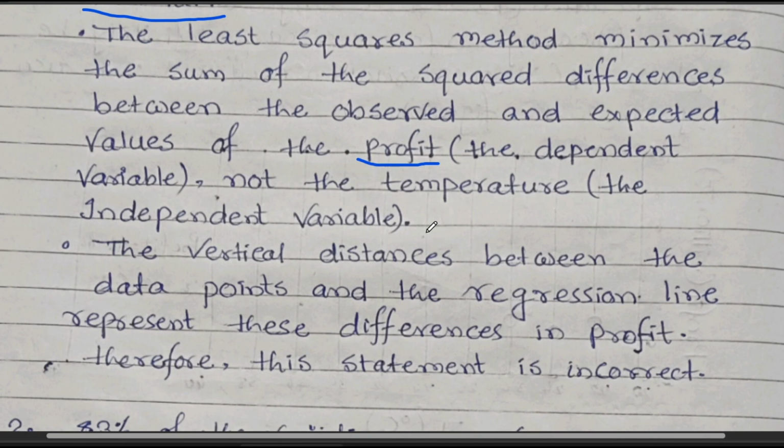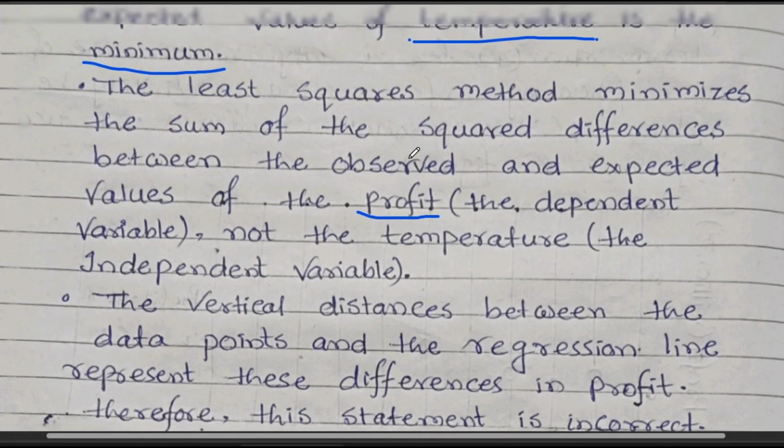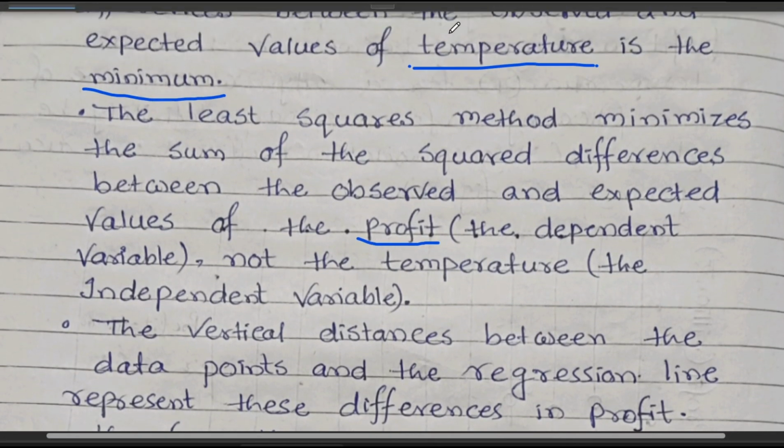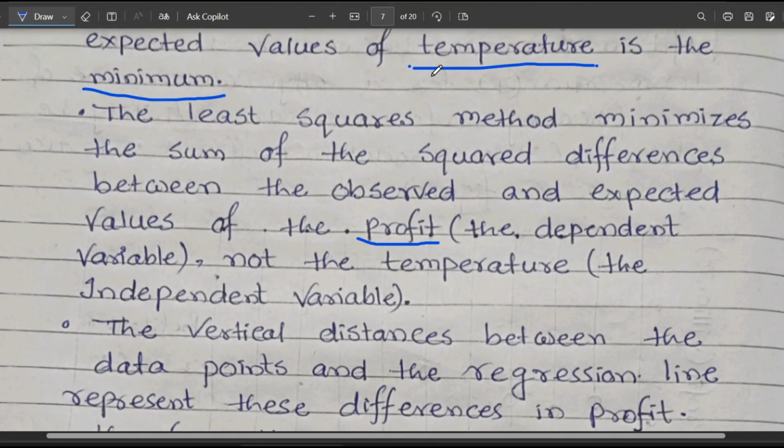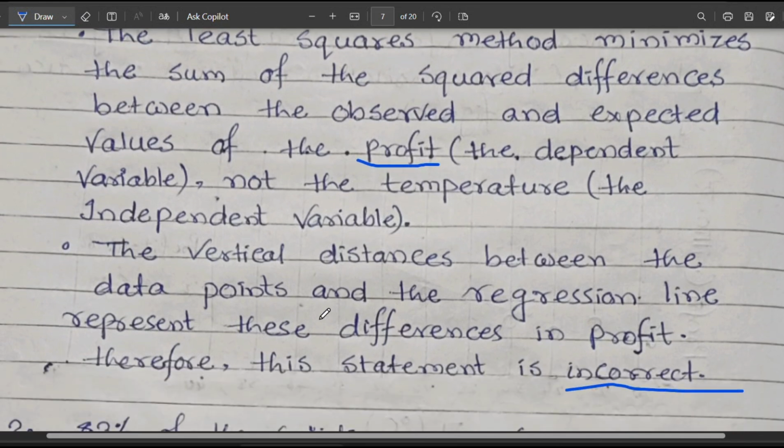The vertical distance between the data point and the regression line represents these differences in profit. Therefore this statement is incorrect, because the relation is about profit, not temperature.